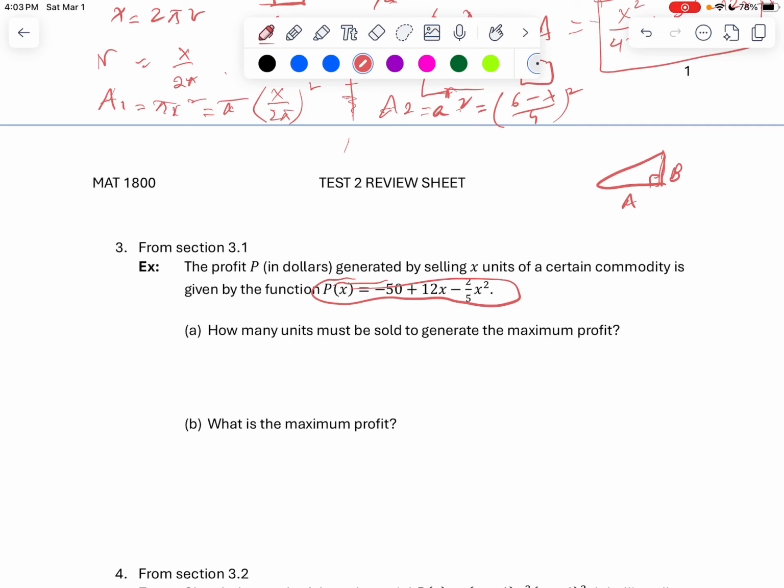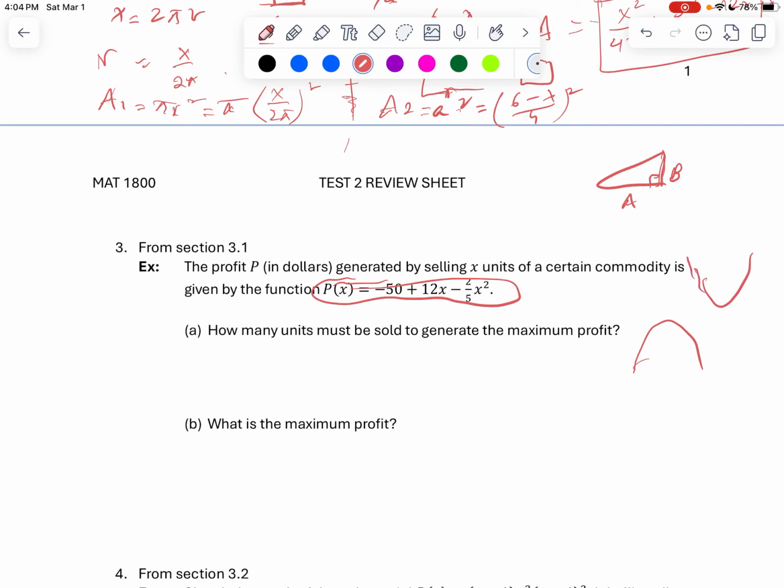When you go to Calc 1, then maybe you can find the min and max of functions that are higher than degree 2, and other types of functions as well. But here we only look at quadratic, and remember the quadratic function gives us a parabola if we graph it, so it's going to be either like this or like that.